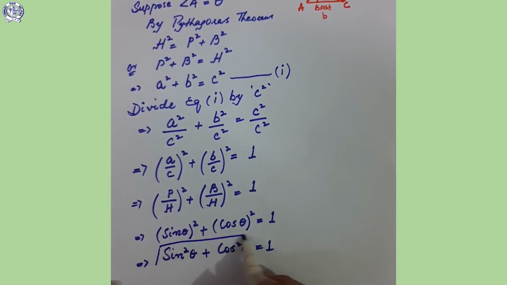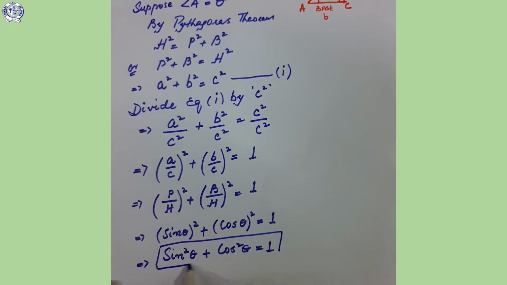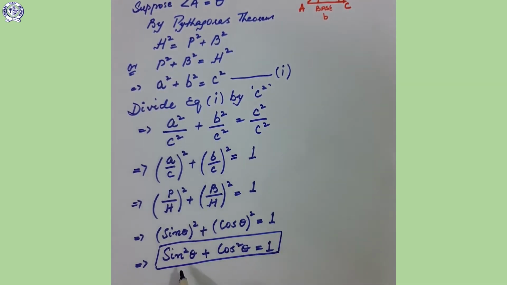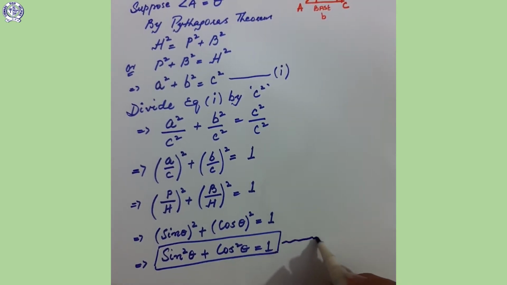So first main formula, this comes in the MCQs also, that sine square theta plus cos square theta equals to dash. So you have to learn these formulas. So this is identity number 1.